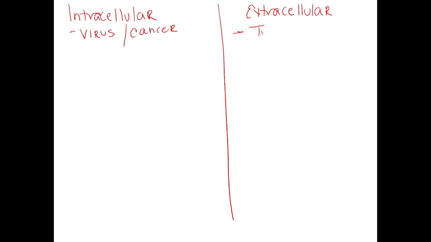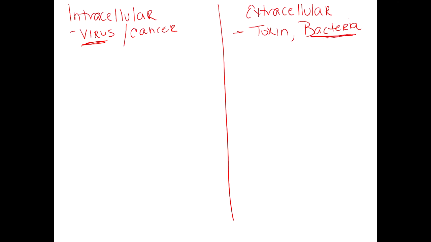Extracellulars could be toxins, bacteria, etc. Okay, let's just, for ease's sake, say intracellulars, we're going to represent that by a viral infection. Extracellular, we're going to represent that by a bacterial infection.